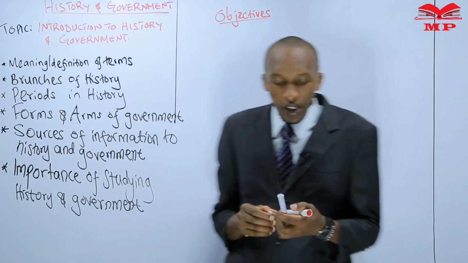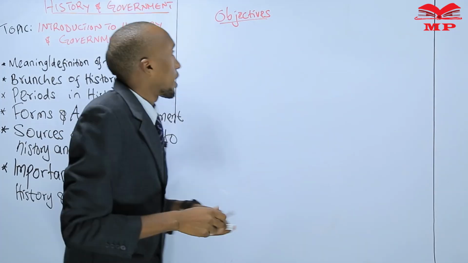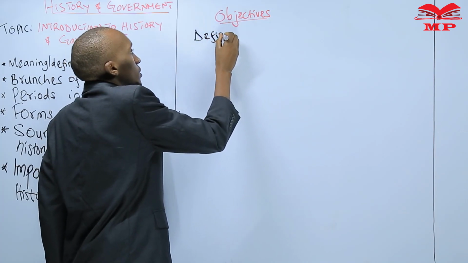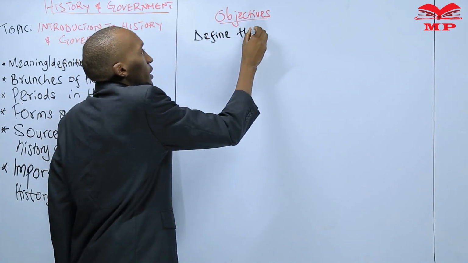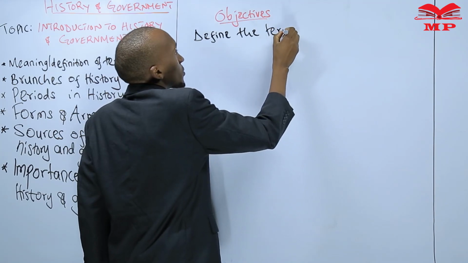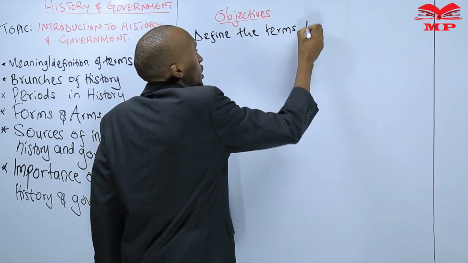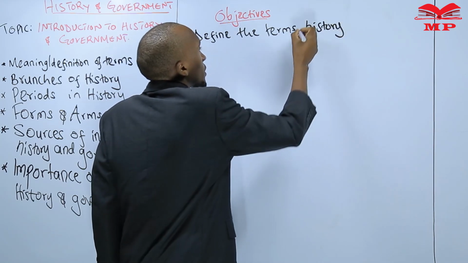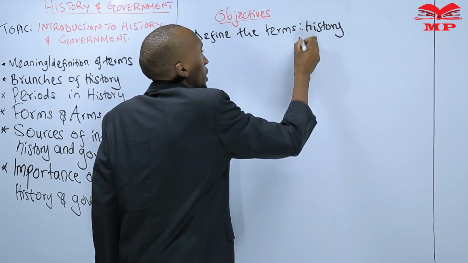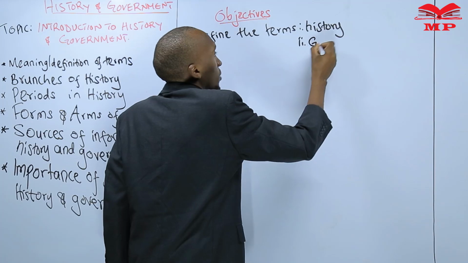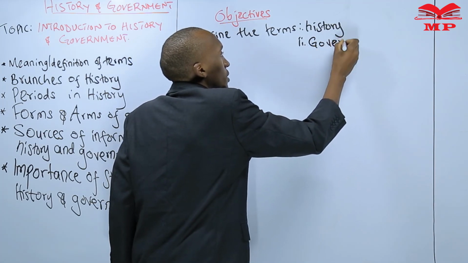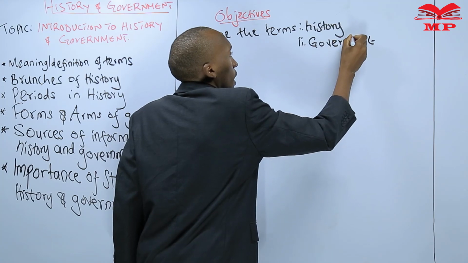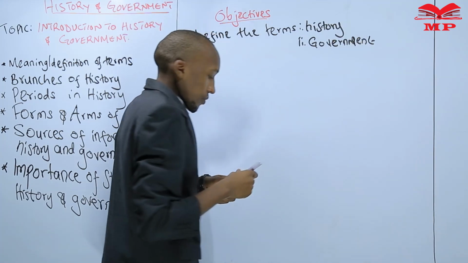But now for this specific lesson, my dear learner, I want you to be able to define the term history. That is one. And then number two, you should be able to define the term government.